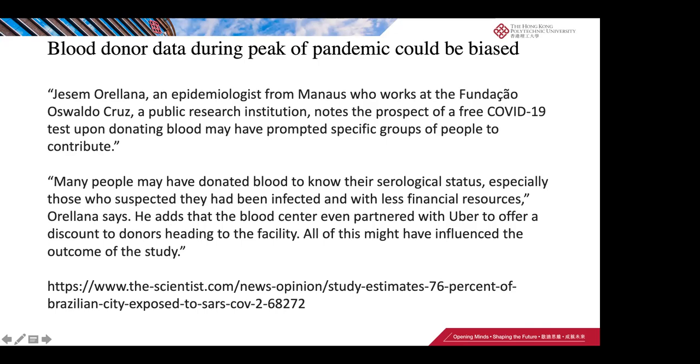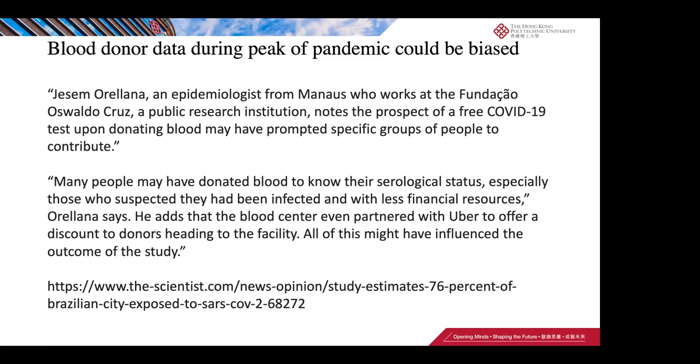The blood donor data is a good idea because you already have blood donors, right? You have the blood there, and you can test the serological prevalence, the antibodies, and you have an idea how many people are likely to be infected. Then you use that to infer the population.